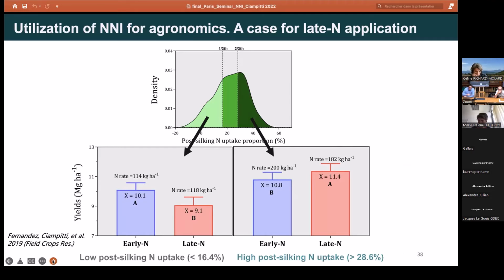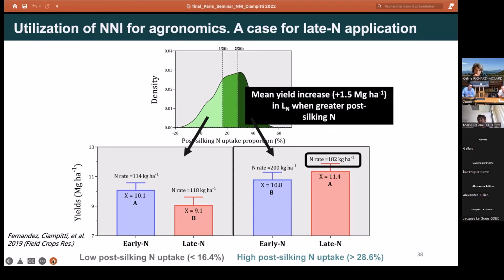The only response that you see on the panel to the left is similar yields, but in fact the late nitrogen application seems to be penalized, and we only have an increase of grain protein concentration. On the right, we see that those with large N uptake post-flowering show an increase in yields, and not only an increase in yields, but an increase in yields with less N, applying less N, increasing the efficiency of using that N.